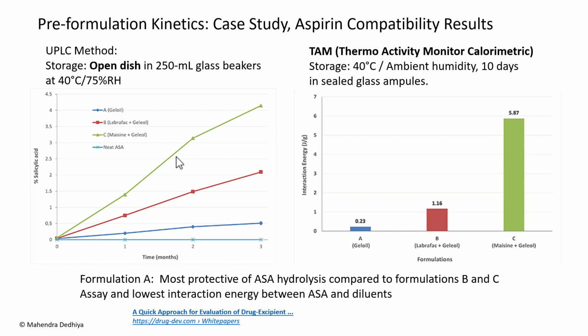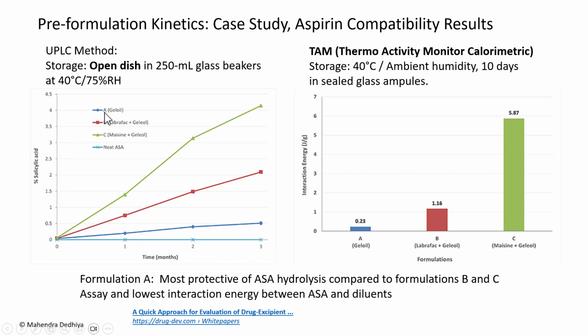The compatibility studies were conducted in an open dish, a 250 ml glass beaker, at 40 degrees and 75% humidity. When neat ASA is stored in a dry condition, it does not degrade and does not form salicylic acid.